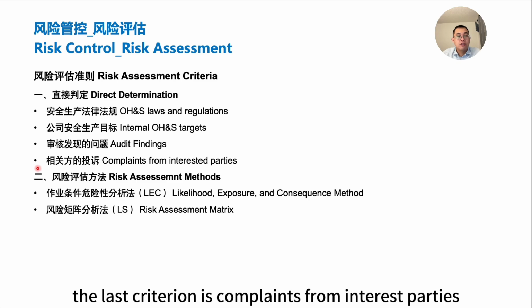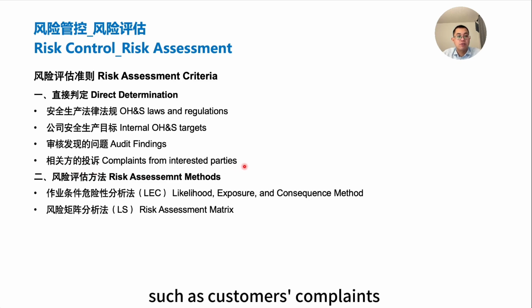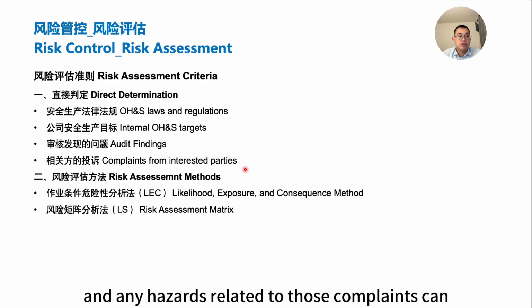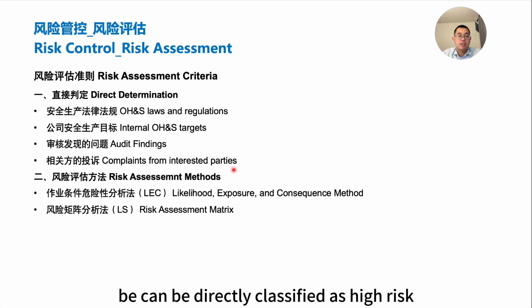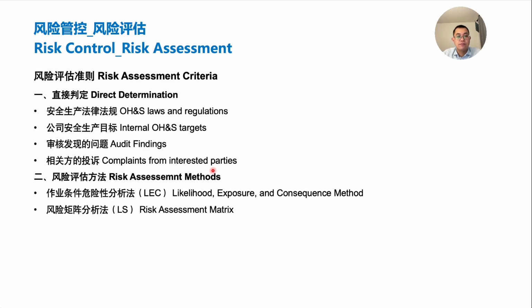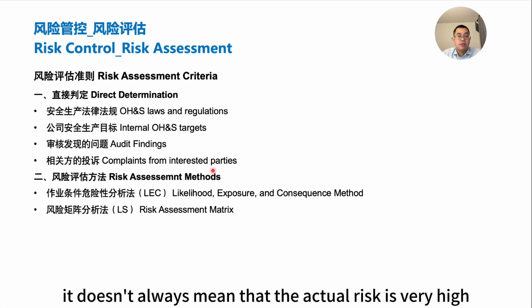The last criterion is complaints from interested parties, such as customer complaints and employee complaints. Any hazards related to those complaints can be directly classified as high risk. And again, it doesn't always mean that the actual risk is very high.